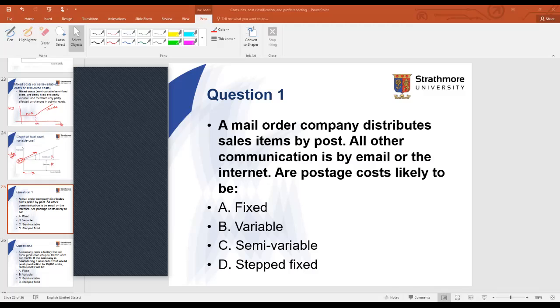So we will have maybe a fixed number of customers ordering those speakers, and then we'll be distributing them at a fixed price because the post office will know that this is our usual fixed amount.